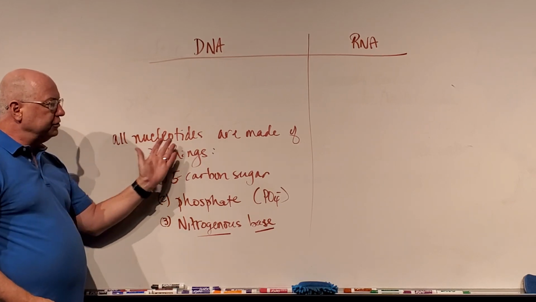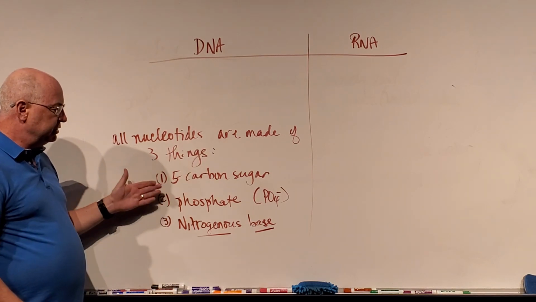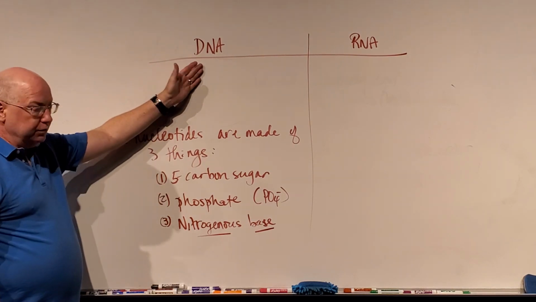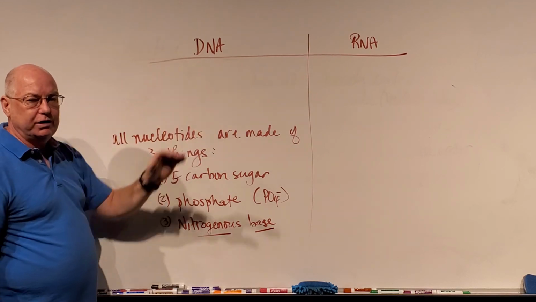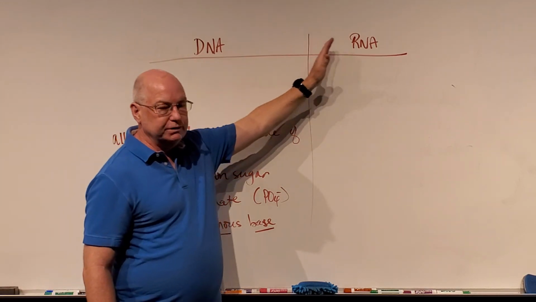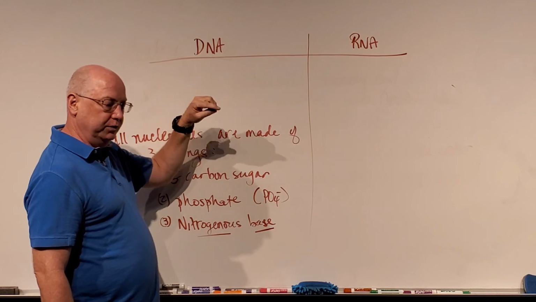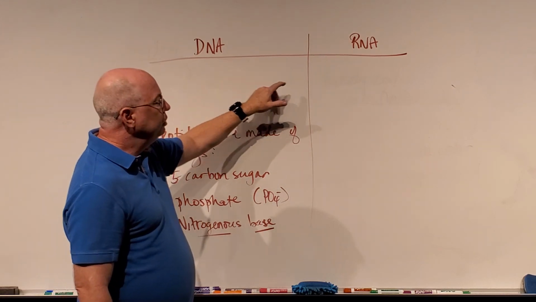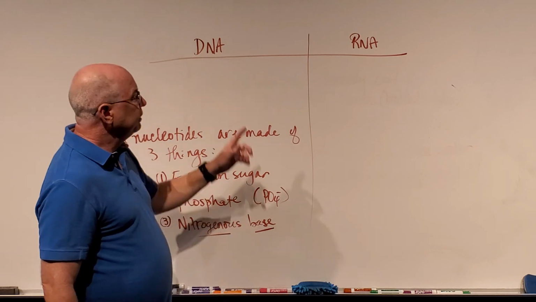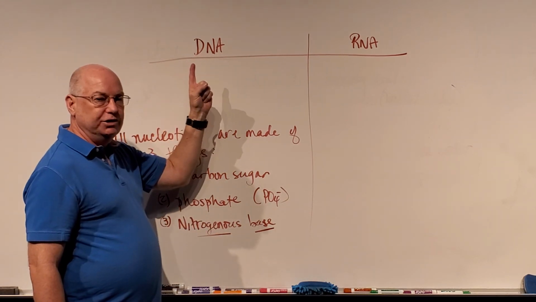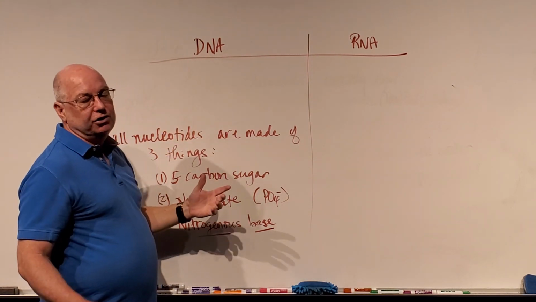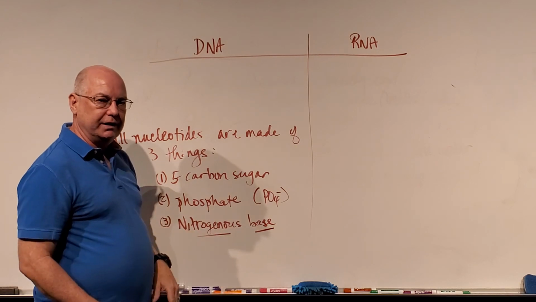So since all nucleotides are made of these three things, then deoxyribonucleic acid and ribonucleic acid, and their names are spelled out in the note set. You should be able to spell out deoxyribonucleic, all one word, and then acid, or ribonucleic acid. This one has one less oxygen than that one, and so they call it deoxyribonucleic acid.